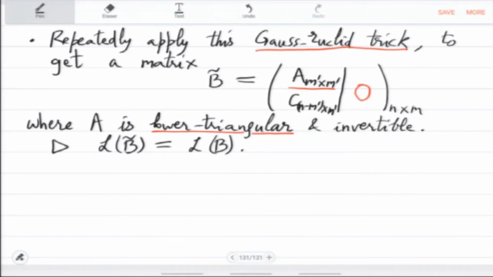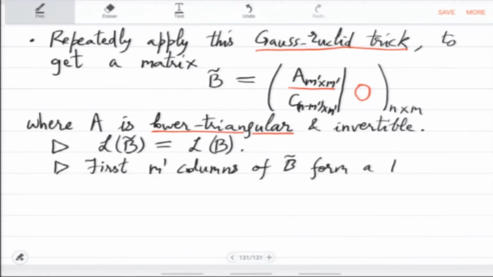So the rank of this remaining part is m prime. Whatever was the rank of the input vectors, that many vectors you will get. So the first m prime columns form a basis over reals.